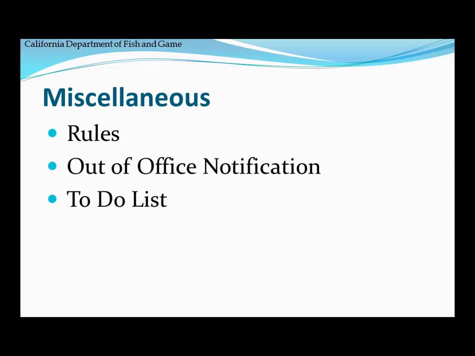Rules help you manage received email. Microsoft Outlook allows you to create custom rules for handling inbound emails and other tasks. There are several ways to create a new rule. We'll show you one.